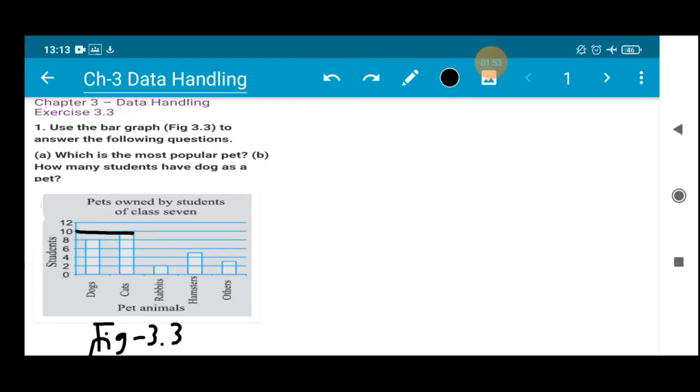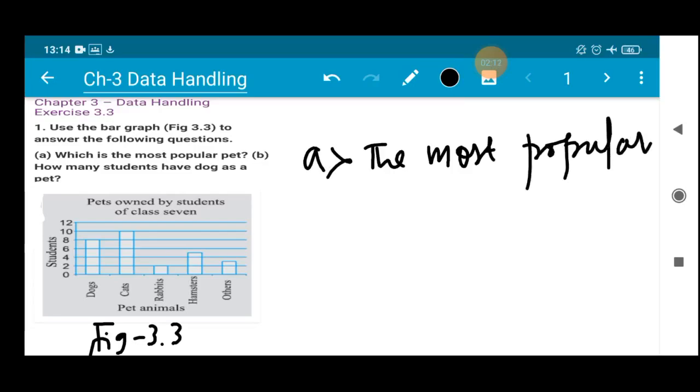The maximum value is 10, so the maximum number of students like cats. So the most popular pet, which we like to keep at home according to this graph, is cats.